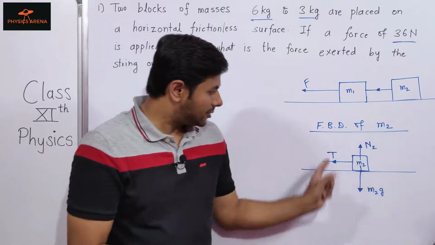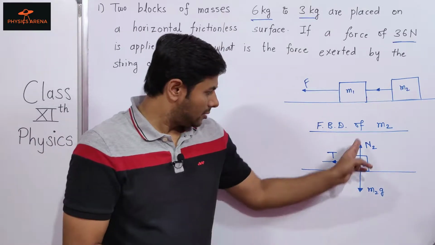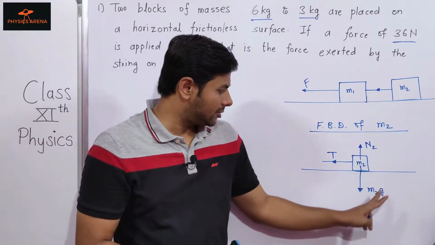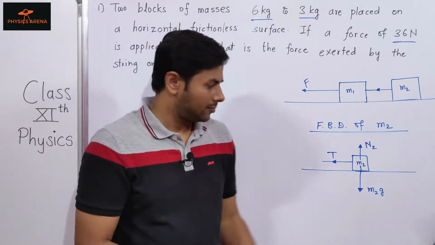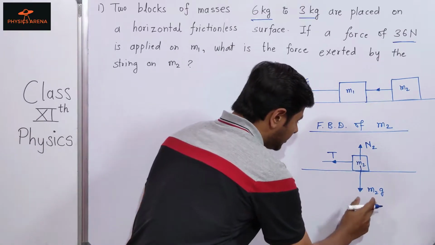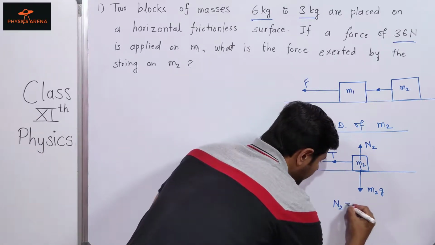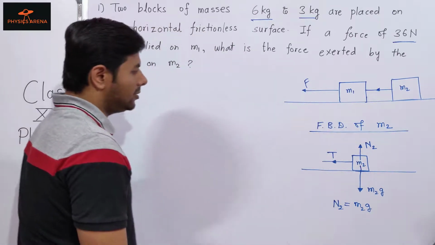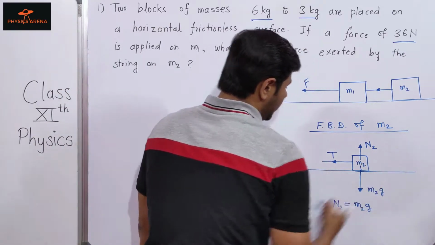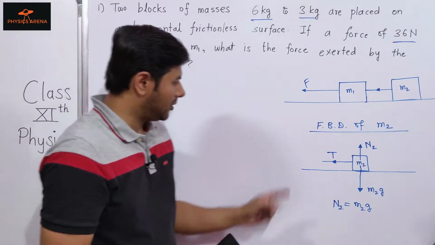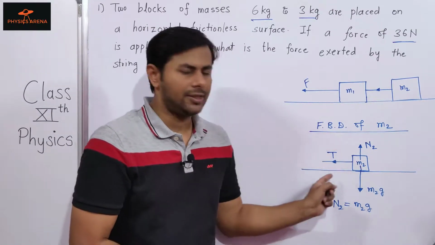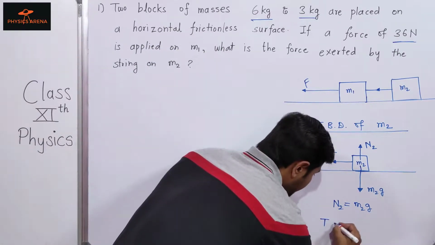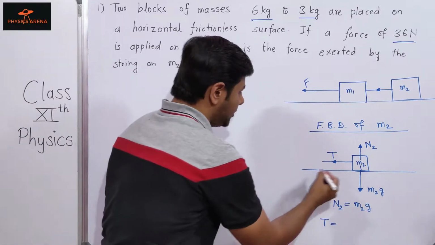Now I can write down some equations here. For equilibrium in the vertical direction, N2 equals m2 times g. So the normal reaction balances the weight. Then there is no other force in the horizontal direction, so the tension in the string causes some acceleration, and let's suppose the acceleration is a.